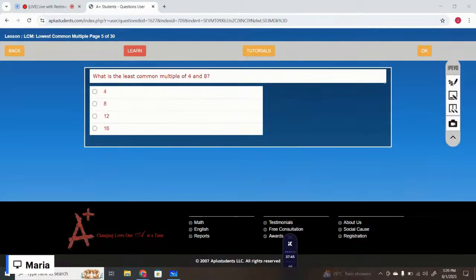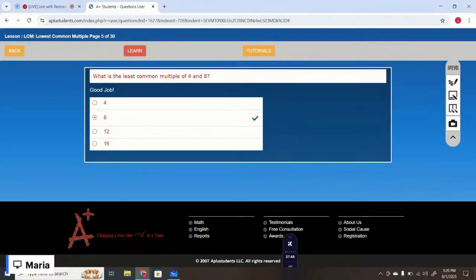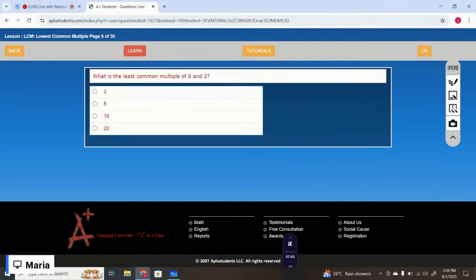Eight it is. The correct option is 8. Option number 2 is the correct option. What is the least common multiple of 8, which is the correct option?